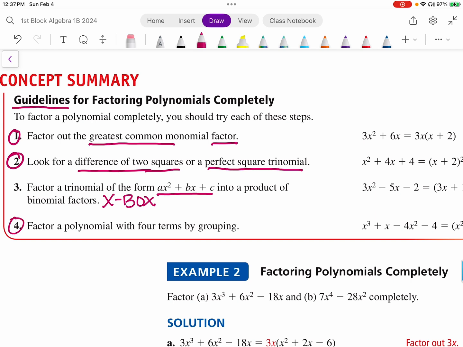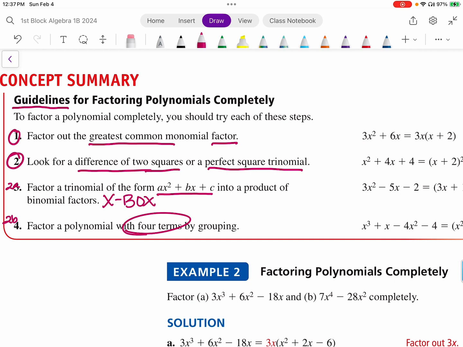I don't want to circle the 4 here because it's not actually a fourth step. First step is GCF. Second step is look for special patterns, or 2A would be factor by X box, or 2B would be factor by grouping if you have 4 terms.